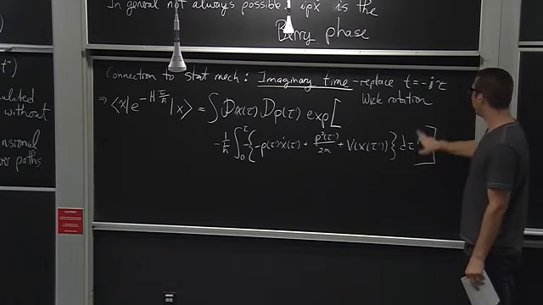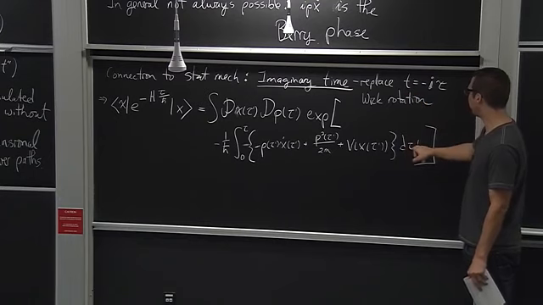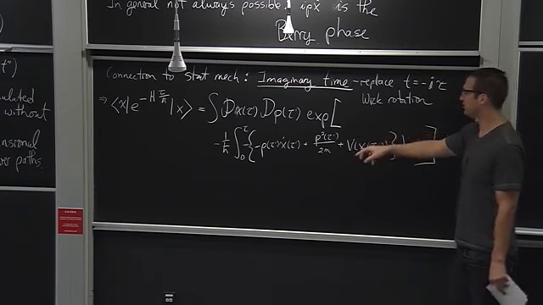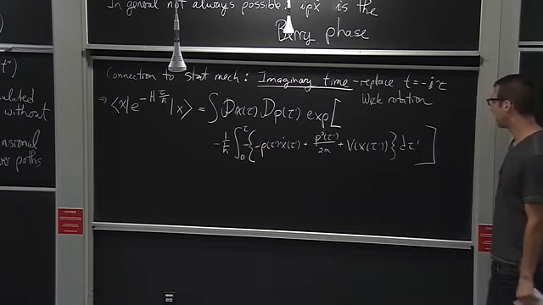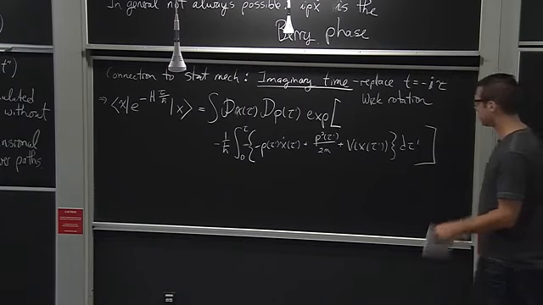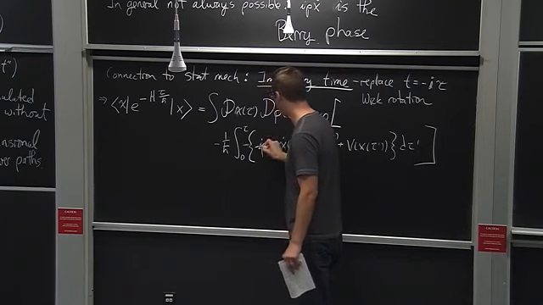So that comes from basically rewriting dt as d tau at the cost of a minus I, which comes out front and affects your I over h bar. And then also, man, forgot the most important part. There's an I right here.